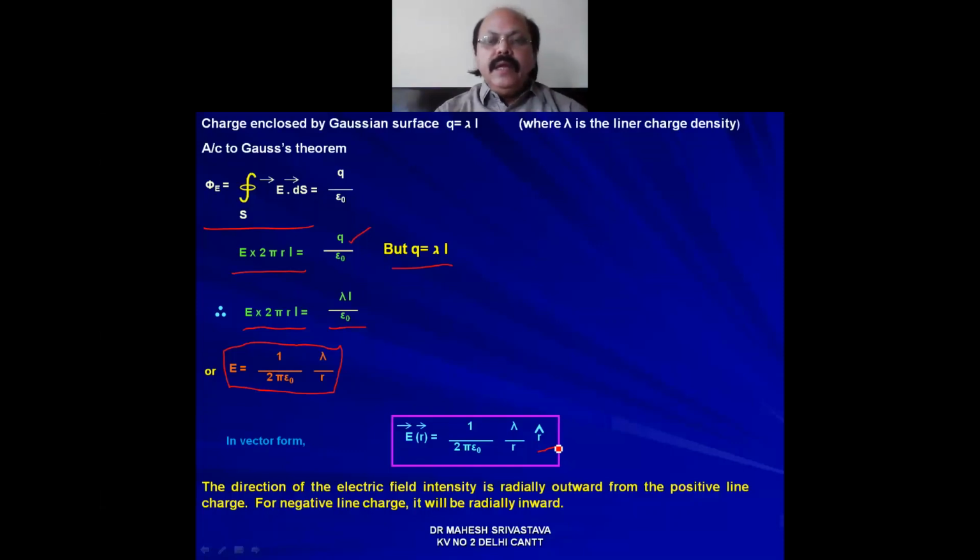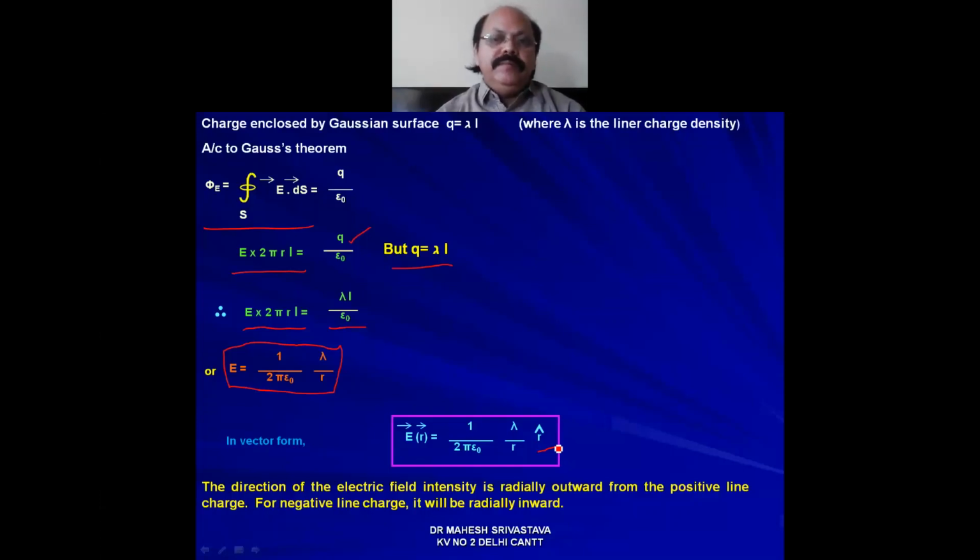Now here, on the uniformly charged straight line, we have taken a positive charge. So that's why the direction of the electric field intensity is radially outward. But if we take a negative charge, then the direction of the electric field intensity is radially inward. So you remember it. If lambda is greater than 0, then the electric field intensity is outward.